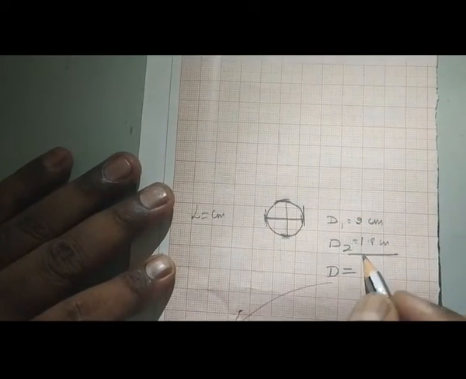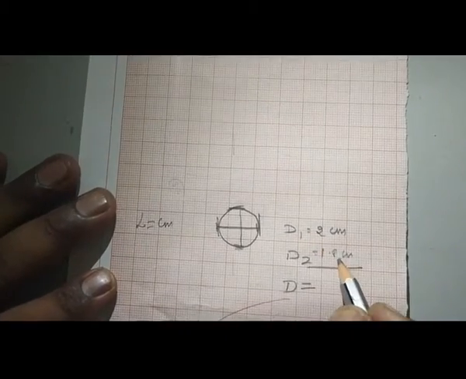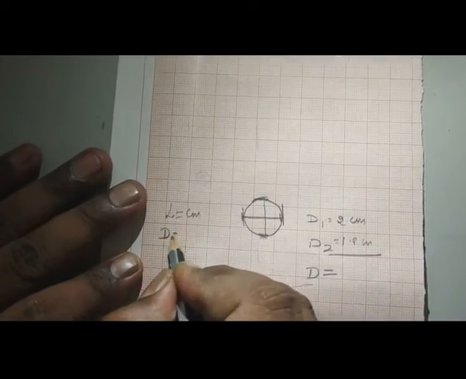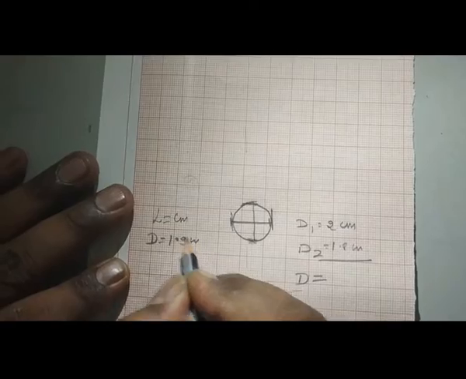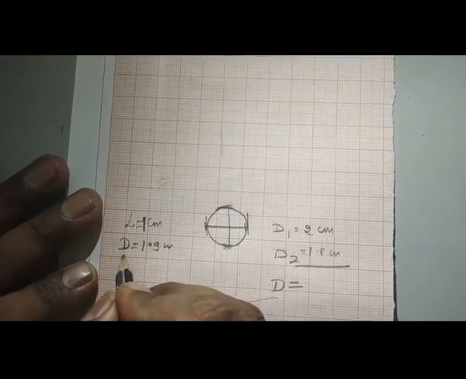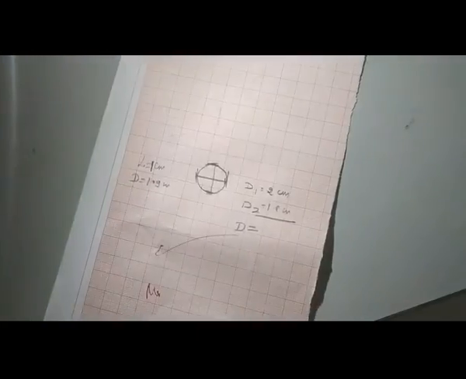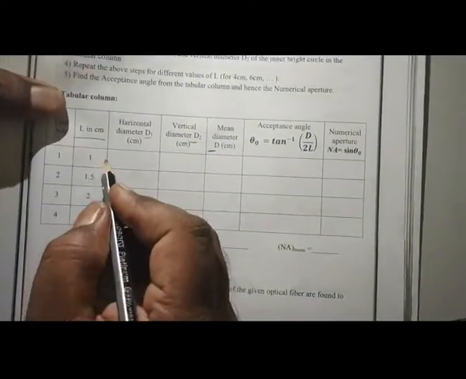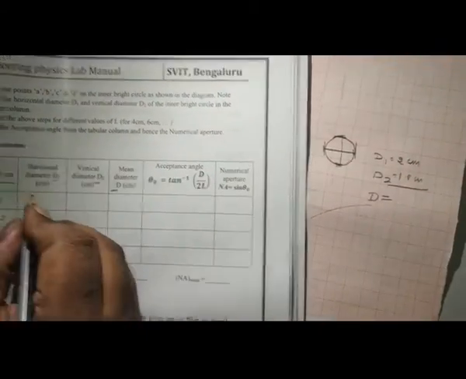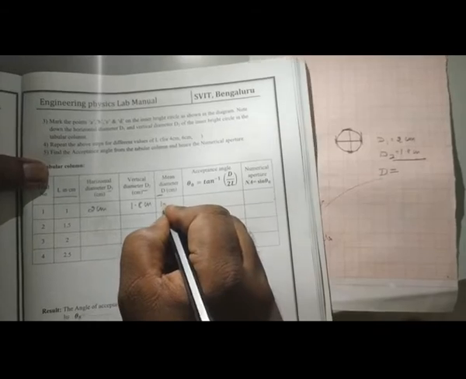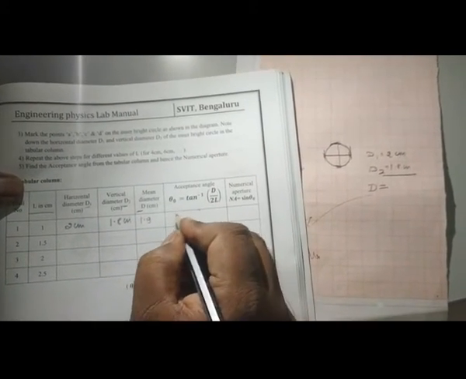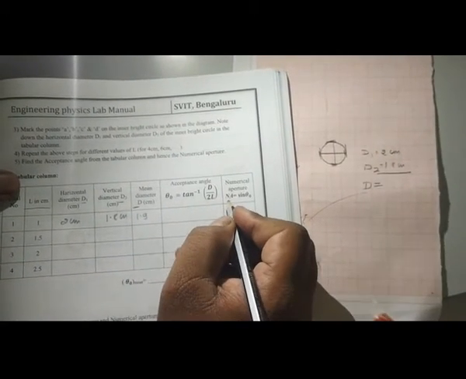The average of 2 centimeter and 1.8 is 1.9 centimeter. So for L is equal to 1 centimeter, I got d as 1.9 centimeter. So I am recording here: L is equal to 1 centimeter, horizontal diameter is 2 centimeter, vertical diameter is 1.8 centimeter, average is 1.9. Then you can calculate theta naught, and also you can determine numerical aperture.